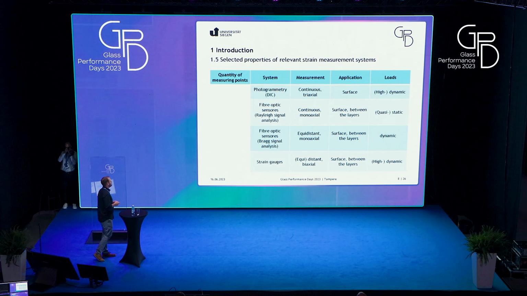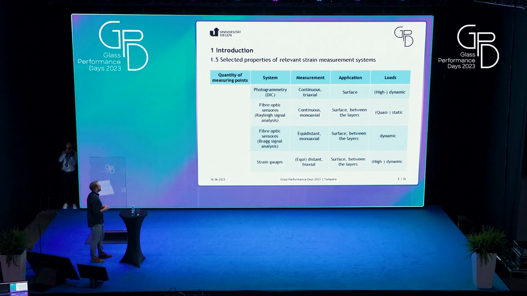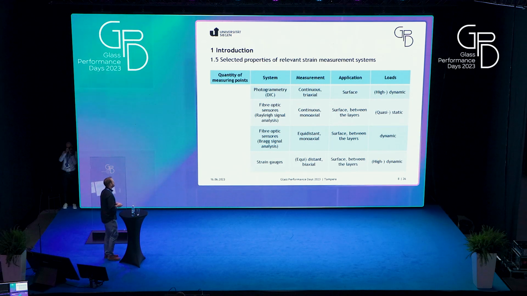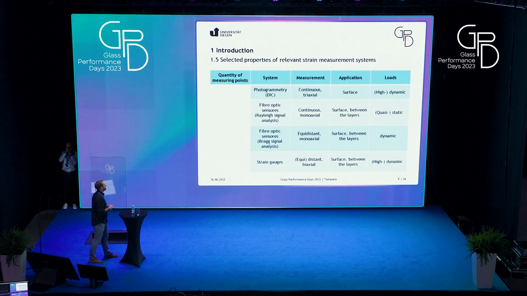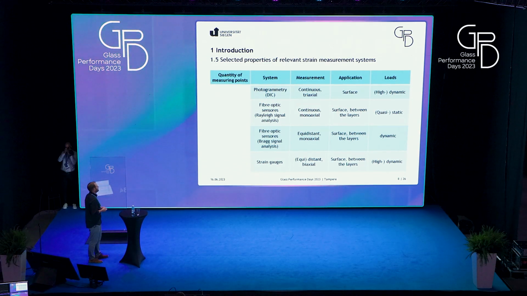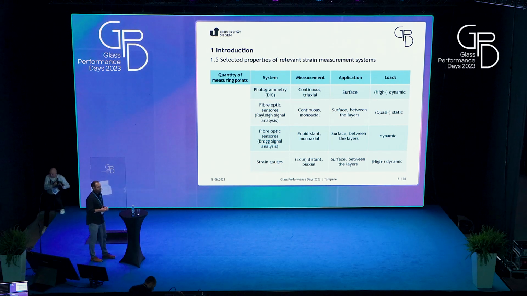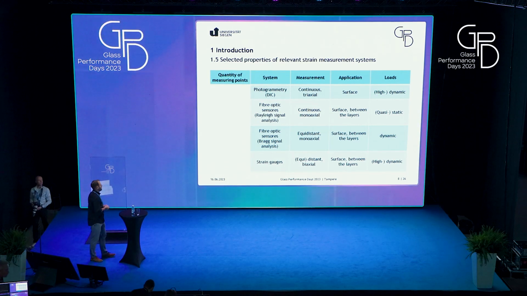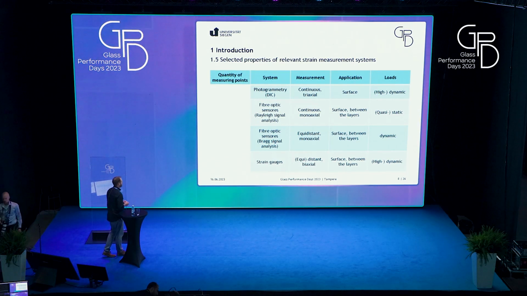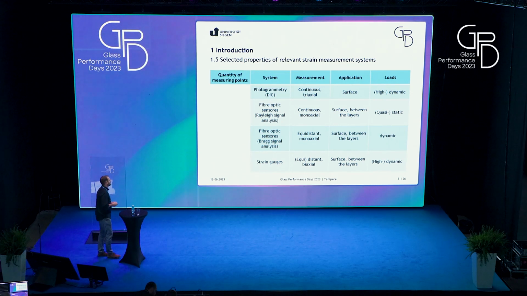This table shows some selected properties of relevant strain measurement systems. In the second column we have the systems: photogrammetry or digital image correlation, fiber optic sensing using Rayleigh signal analysis, fiber optic sensing using Bragg signal analysis, and strain gauge in the bottom line.